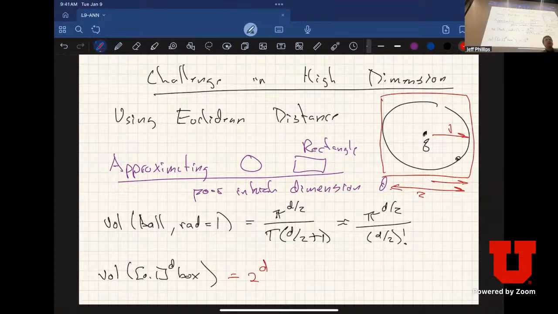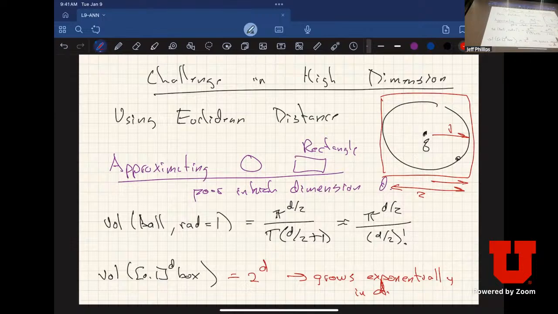So what does this look like as d gets larger? Well, this one grows exponentially in d, in the dimension. Whereas the one on the right, this ball, what happens to this as d grows? Does this get bigger or smaller?